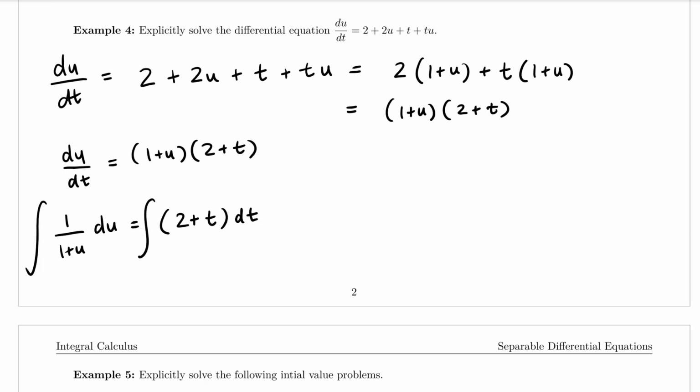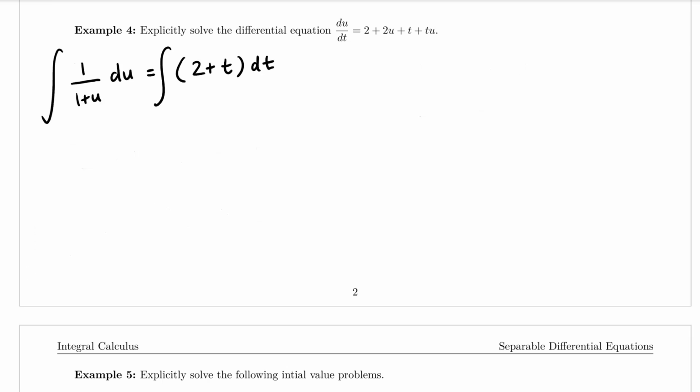From here, I'm going to integrate both sides. All right, if I integrate the left-hand side, that's going to give me the natural log of the absolute value of, I'm going to switch the order, so u plus 1 is equal to, then we have 2t plus t squared over 2 plus our constant of integration.